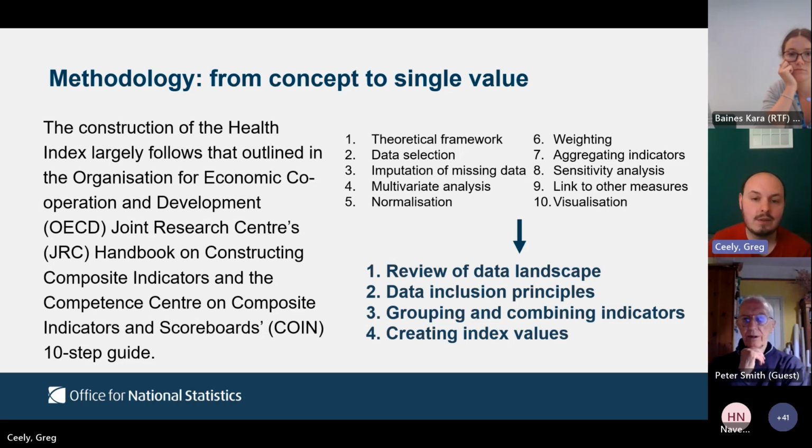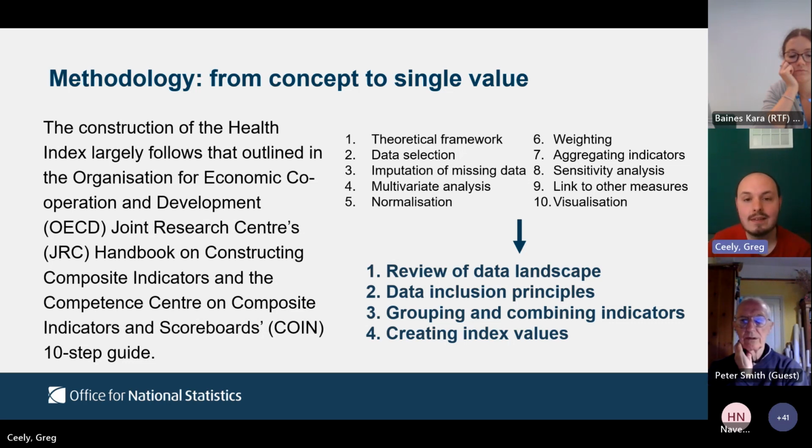The statistical methodology for the index follows an established approach to building composite indicators. So the Competence Centre on Composite Indicators and Scoreboards, or thankfully simply COIN for short, is part of OECD, and they have a 10-step guide for building indices which we followed, adapting where necessary to our needs.